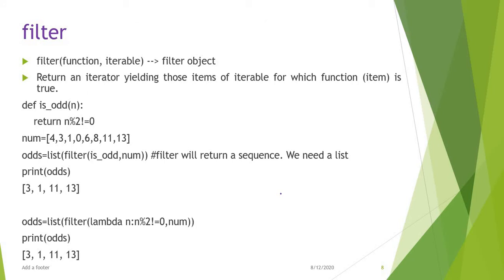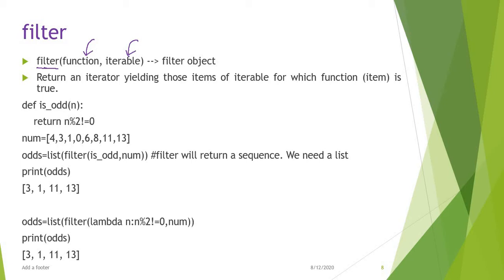So where can we use these lambda functions? One example is the filter method. For this filter, there are two inputs. One is some user defined function, and the other one is an iterable.